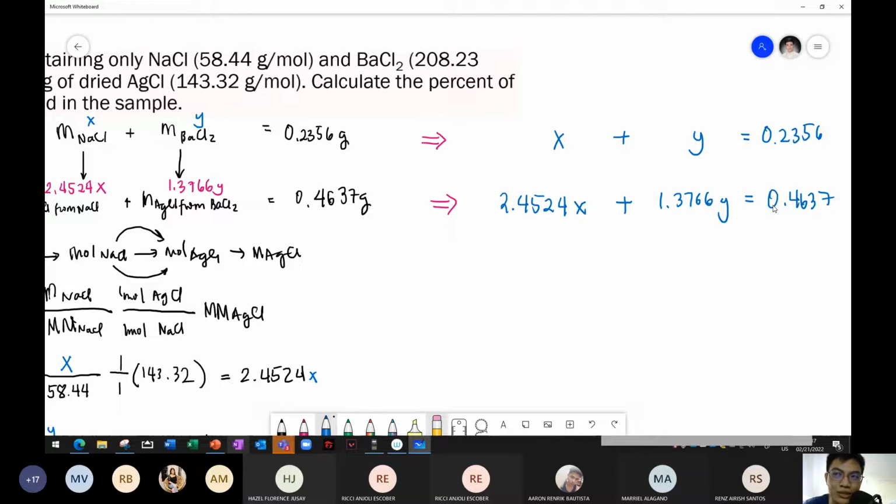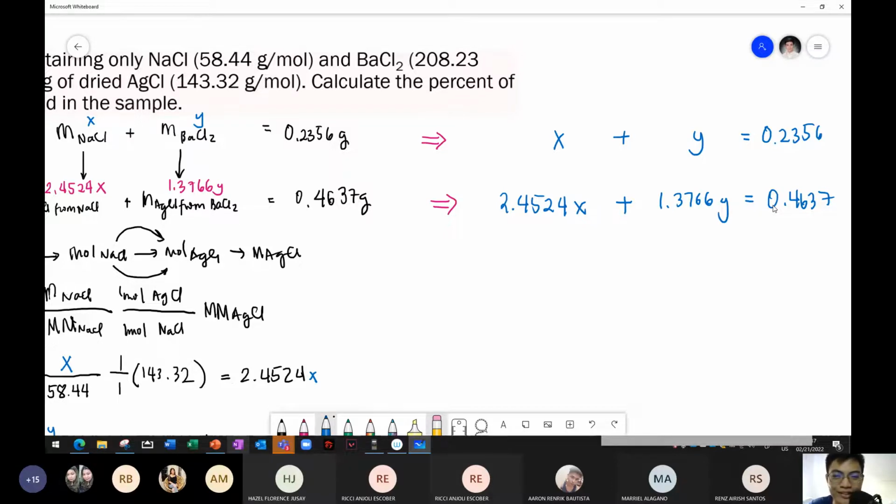Pag sinabing elimination, ano yung ini-eliminate natin? Sige, naalala niyo pa yung high school algebra. May algebra nung junior high, pati senior high ha. So, kailangan alam niyo kung ano yung nangyayari.